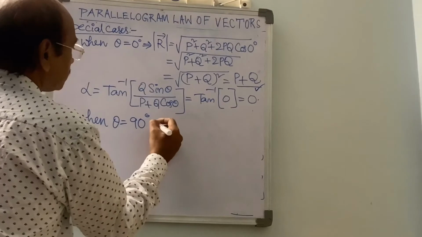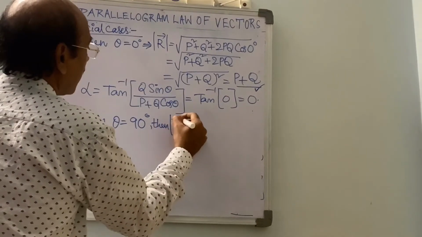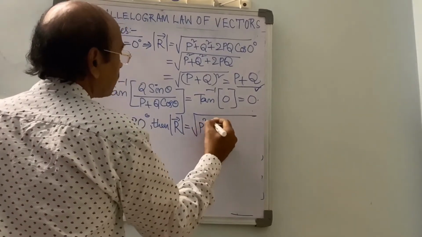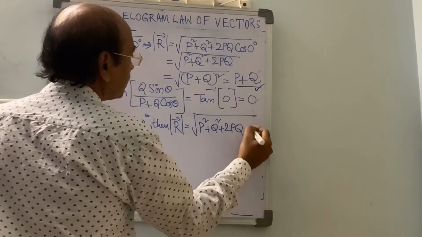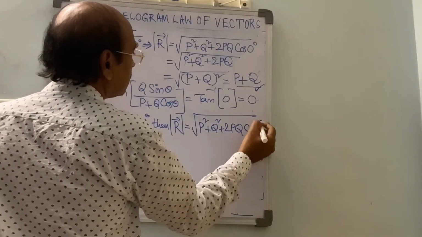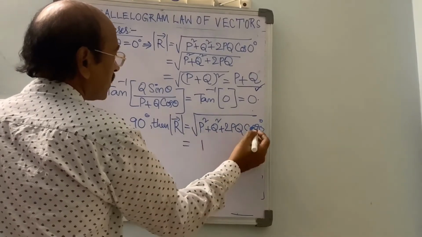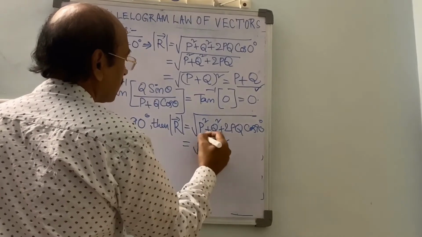Then the magnitude of the resultant is equal to p square plus q square plus 2pq cos 90. Cos 90 is 0, therefore the resultant magnitude is p square plus q square.